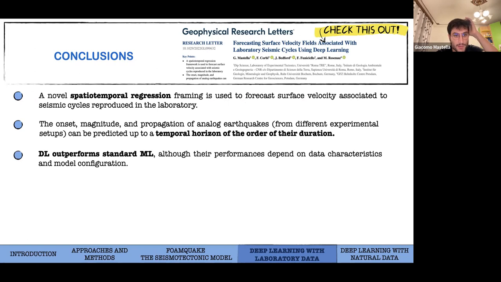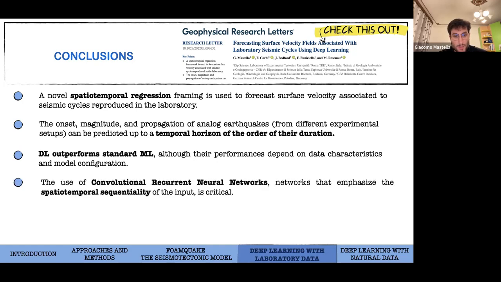We found that deep learning methods outperform standard machine learning, and especially the use of convolutional neural networks and recurrent neural networks, which are networks that emphasize the spatiotemporal sequentiality of the input, is critical.